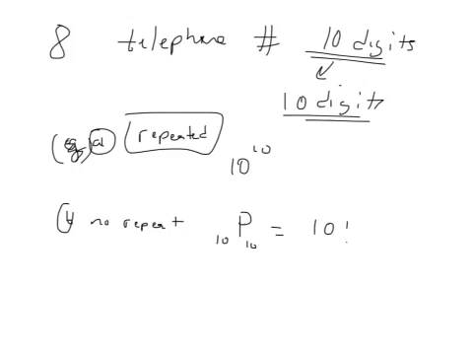And for C, if you use 8 at least once, I'm going to use the next page for that. So since the question says use the 8 at least once, we're going to assume you can repeat numbers.